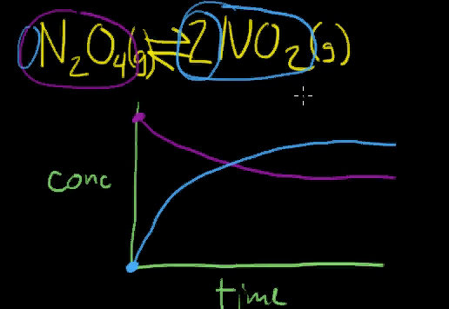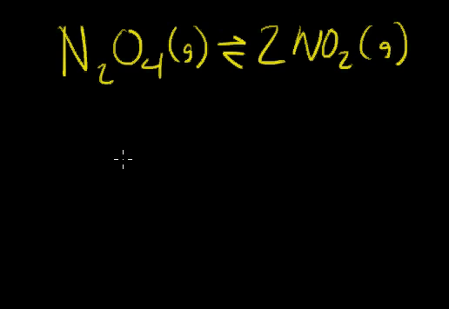Since they become constant over here at equilibrium, there must be some constant that these final concentrations are equal to. So let's look at what the equilibrium constant is, what the relationship is between our equilibrium concentration of product, the blue line, and equilibrium concentration of reactant, the purple line.